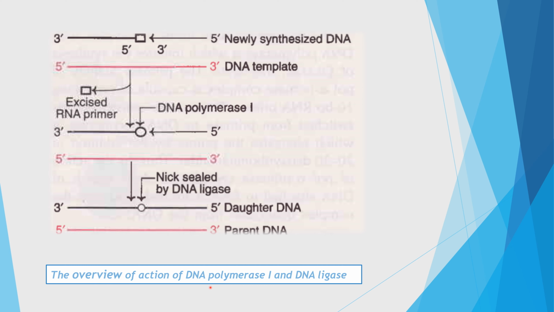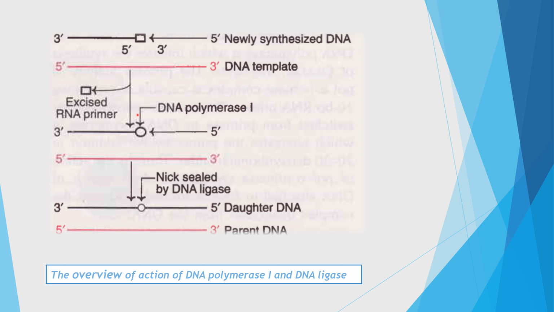Overview of action of DNA polymerase I and DNA ligase. This is the DNA template in the 5 to 3 direction, and this one is the newly synthesized DNA or lagging strand. These are the Okazaki fragments, and this one is the RNA primer.